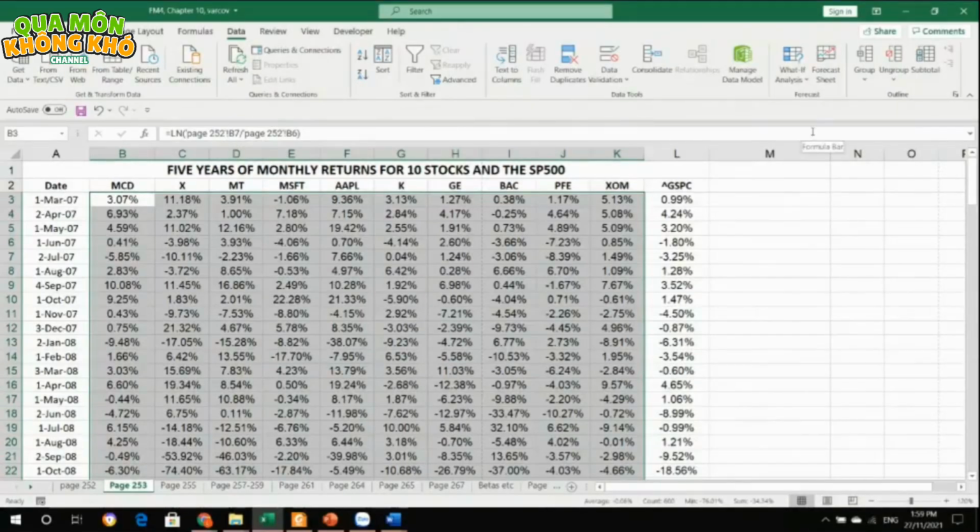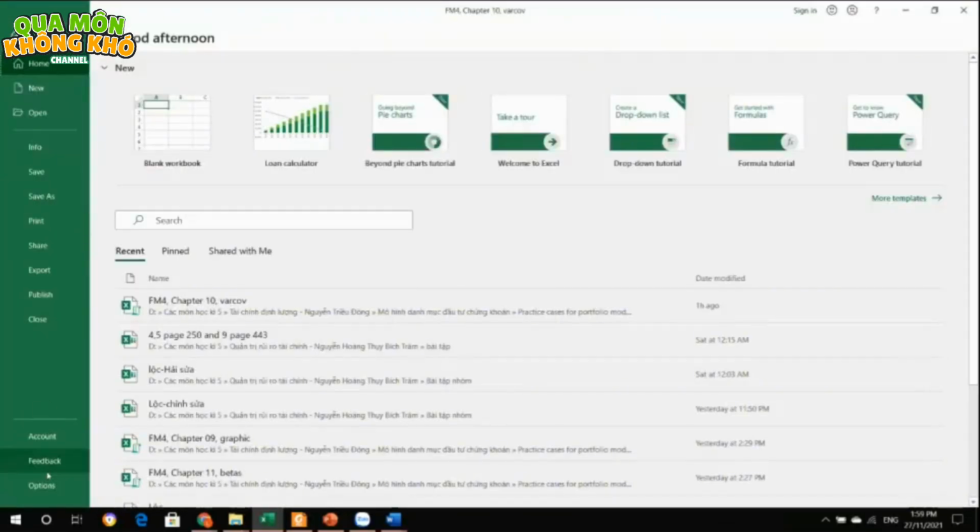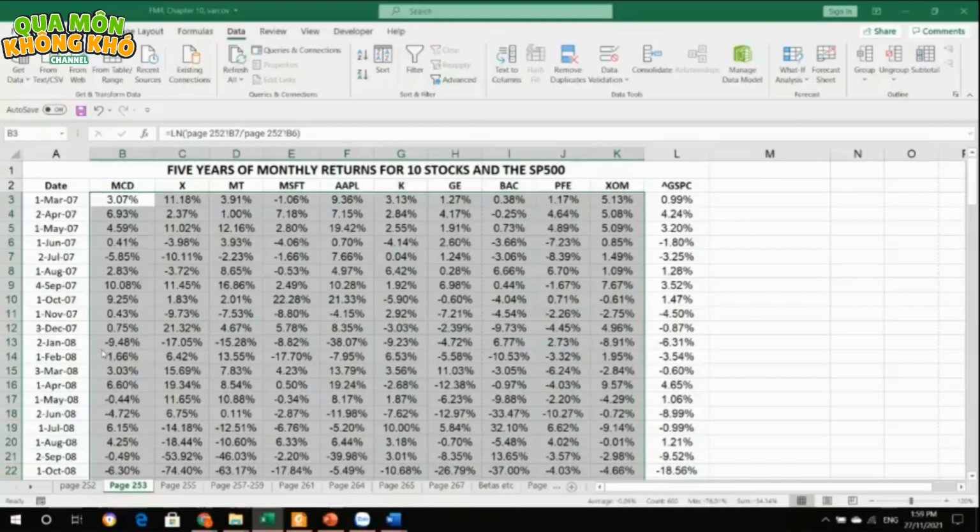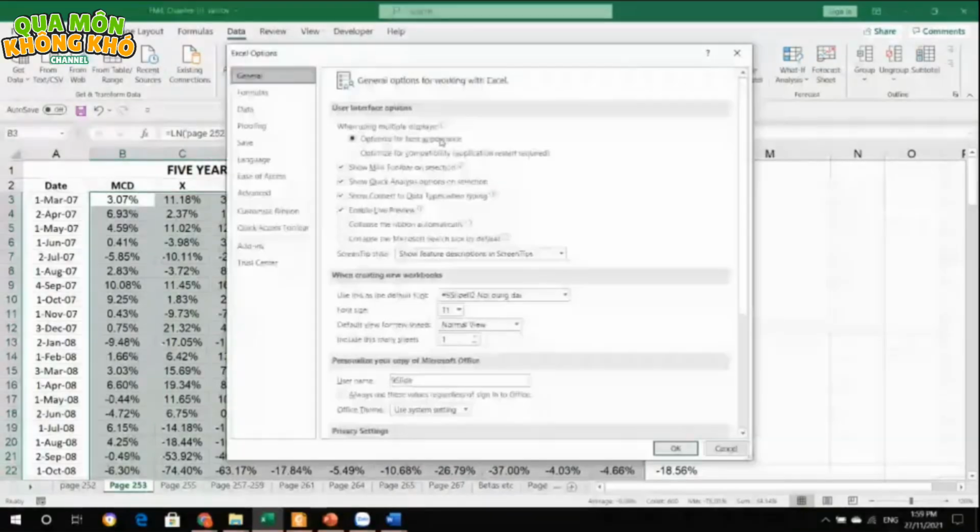So if you don't already have the data analysis in Excel, you need to add it. So you go into File and Options, Add-ins.